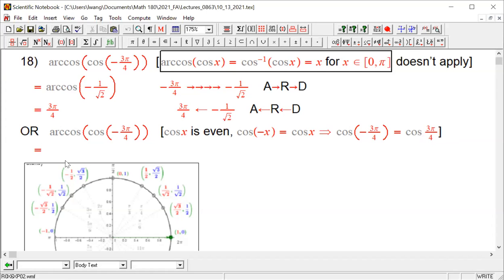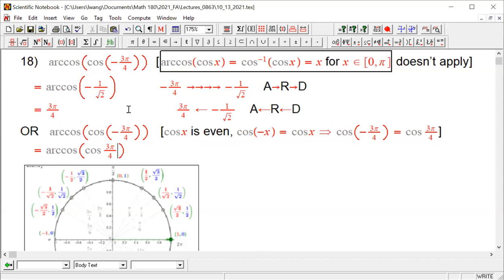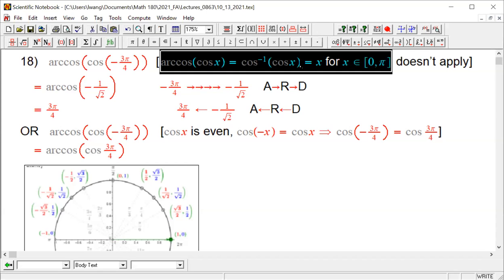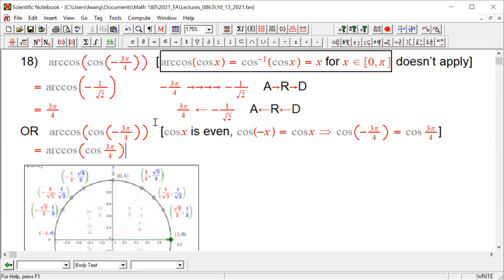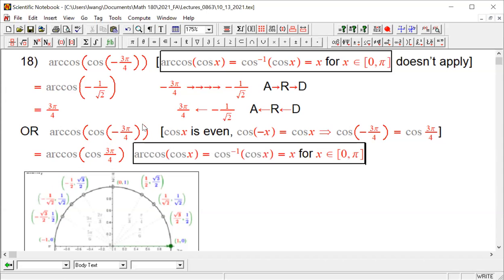So if we use that property, what do we get here? This time this property applies.